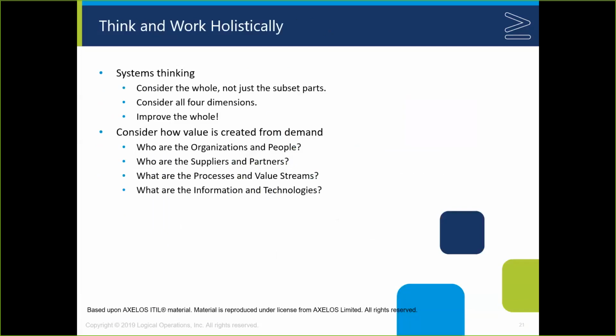Next principle we'll introduce is thinking and working holistically, thinking about the whole. Now, in a previous slide, we introduced the idea of theory of constraints, that when you look at a system holistically, there is a weakest point of the system. And if we don't actually organize around the constraint, then even if we quote unquote improve something, it doesn't improve the overall capability of the system.